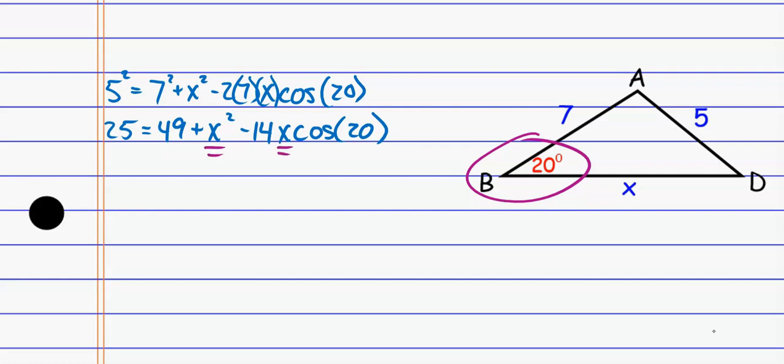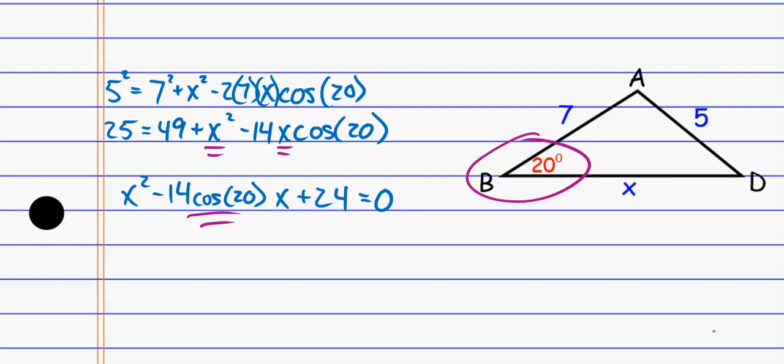Here's x squared, here's x. If I write this as a quadratic, get everything on the appropriate side, I do x squared minus 14 cosine of 20, that's like the coefficient, times x. Then if I subtract the 25 from each side, that's going to be a plus 24. And now it'll be equal to 0. This is set up like a quadratic, and look at that middle coefficient. That's nasty looking, and that's going to be a real pain when you go to solve this thing.